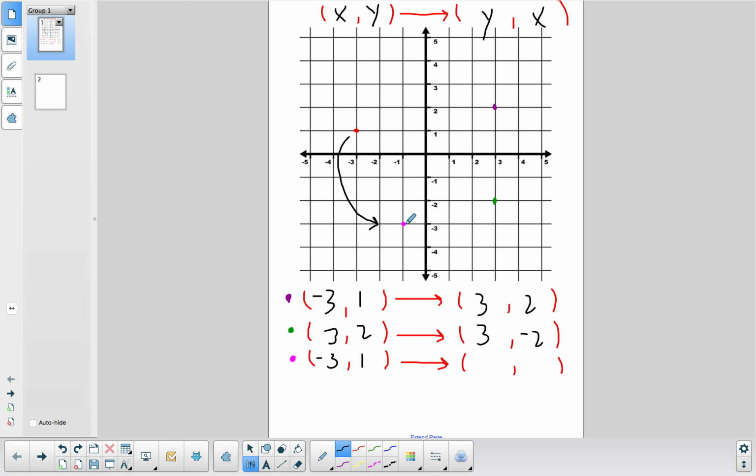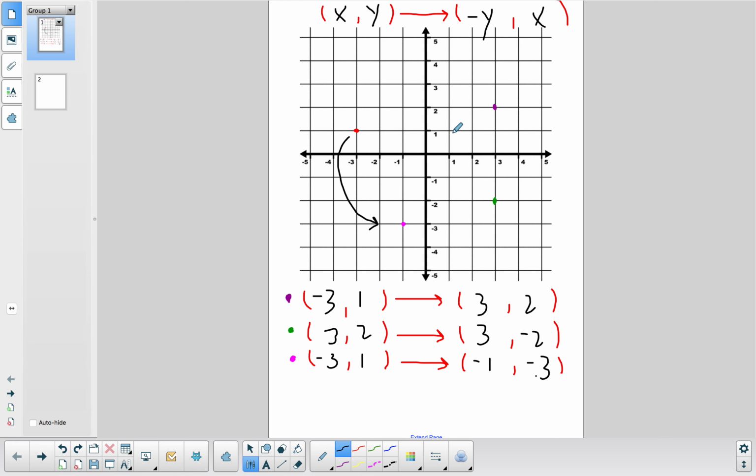We notice that our X value is now negative 1, and our Y value is now a negative 3, right? So our X value from the get-go was a negative number. So as this negative 3 flips, it goes to this negative 3, it stays the same. So we do not need to touch this X. However, our Y went from a positive 1 to a negative 1. So now we have to say negative Y.